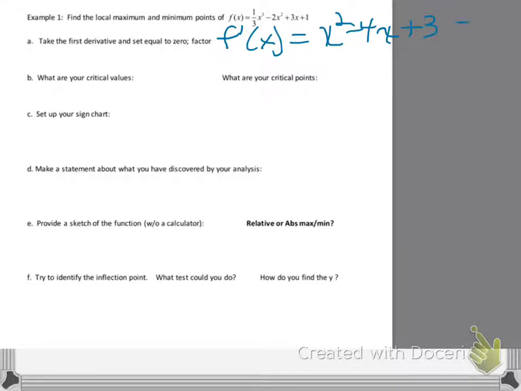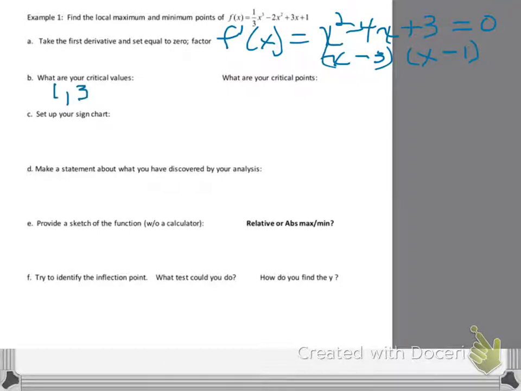Set that equal to 0, and now we're going to factor. When I factor, I get x minus 3 times x minus 1. My critical values are my x's, and I get those by setting my factors to 0. So my critical values are going to be 1 and 3.